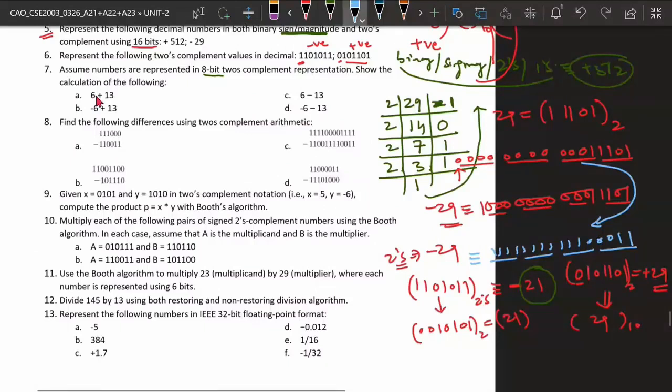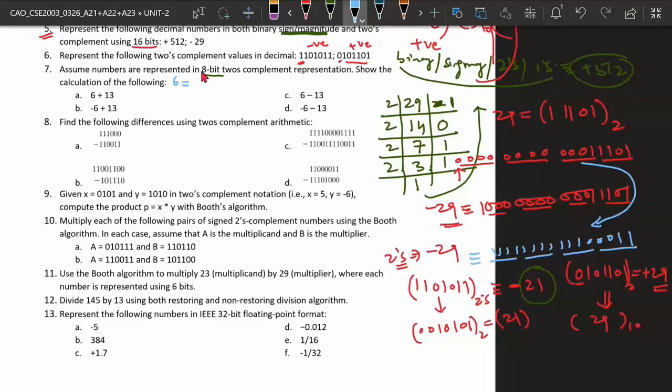Plus 6 has the same representation as binary, and in 2's complement it will also be the same because it is plus 6. We need to represent it in 8 bits. So 6 is 110 in 4 bits, and we need to convert it into 8 bits, so we will make it 00000110. So this is plus 6. Similarly, we need to convert it into minus 6.